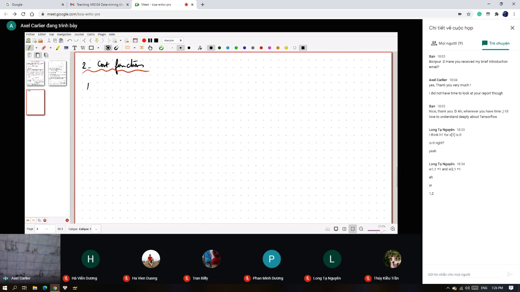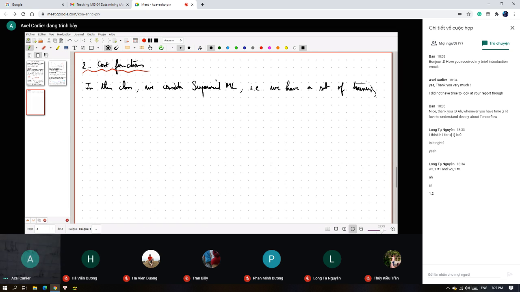So in this class, we consider supervised machine learning examples, which means we have a set of training data. Remember, I wrote it yesterday.